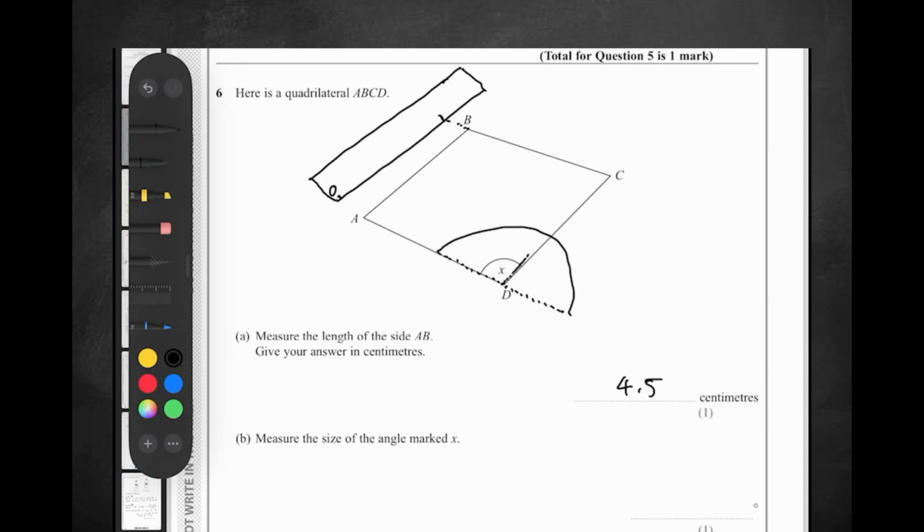And you're going to follow onto your protractor just here to see what the angle is for X. And again, you get a little bit of leeway, but you can use some common sense with it as well, because you can see it's slightly bigger than 90 degrees. So if you've come out with an answer of 70, 80 degrees, you've probably done it wrong. So the answer is 110, but it accepts 108 to 112.